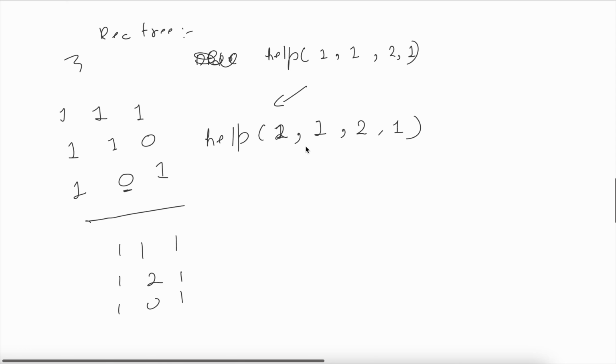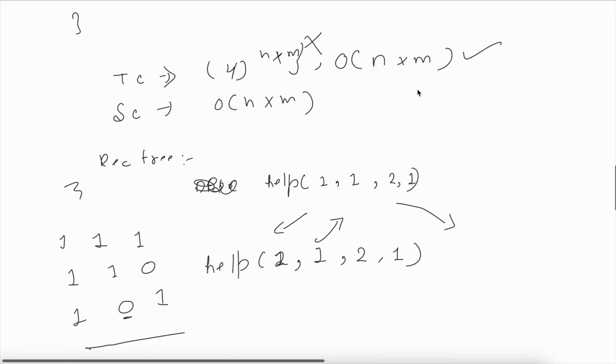Is it a boundary? No, it is not, so it won't return from the base case. Then it checks whether this color is not equal to old color. Yes, 0 is not equal to 1, so it will return from here. But your matrix is like this now, because the matrix is passed by reference, so it is getting changed. Now this step ended.